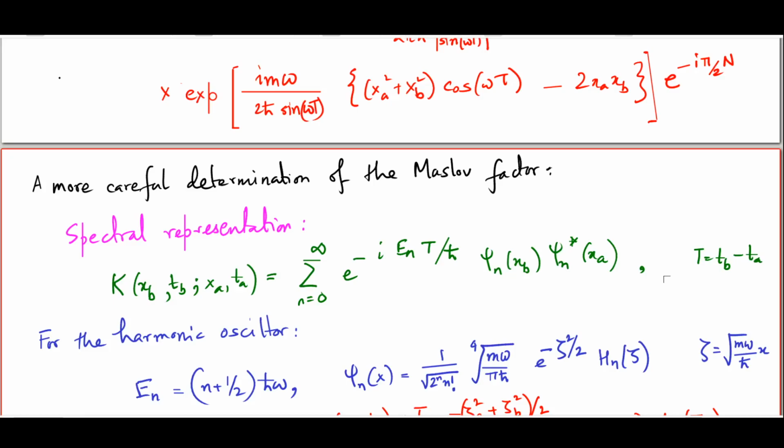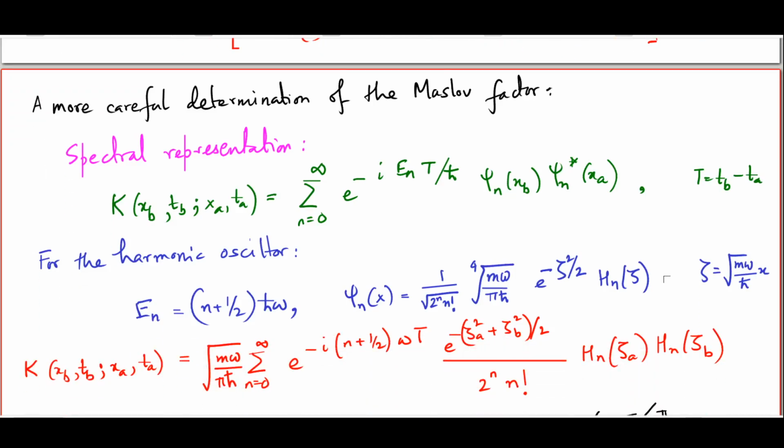Now, if we substitute these results for En and psi n, the propagator takes the following form. You get a square root of m omega by pi h cross from the two psi's inside. Then you have a sum n going from 0 to infinity, e to the power minus i n plus half omega T, that's of course En T by h cross, times e to the minus zeta a square plus zeta b square by 2 to the n factorial.